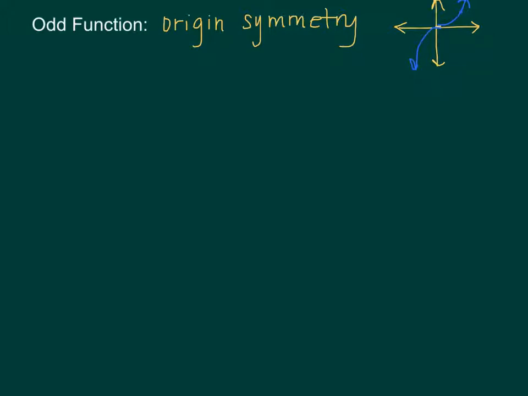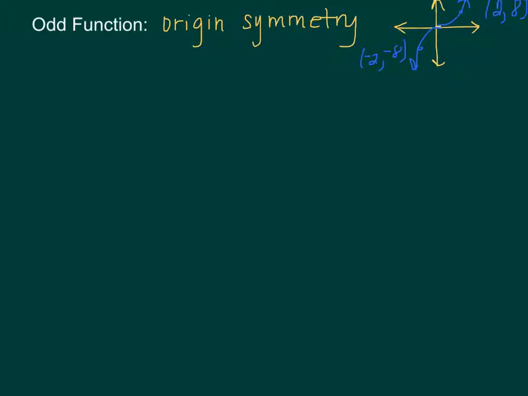So if this point was, let's make it 2, 8, then what this is saying is, if I make this x -2, what do you think is going to happen to the y value? Then it's going to become negative. So origin symmetry, when you plug in a negative, then your answer should also be negative.